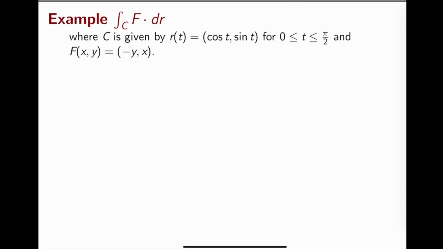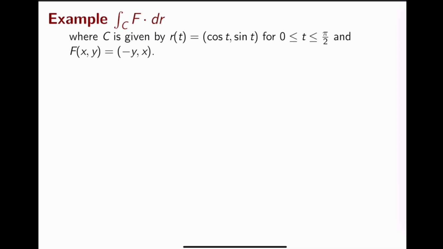So for instance, let's calculate this integral here. This is the integral of a vector field that has these two components, and this is the curve. Well, as before, we are going to need to evaluate the function at the curve.